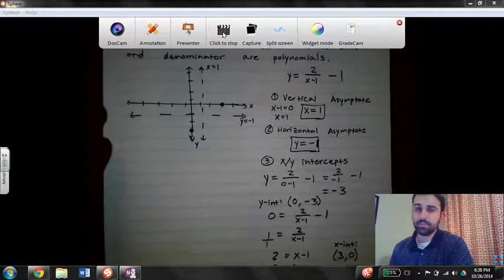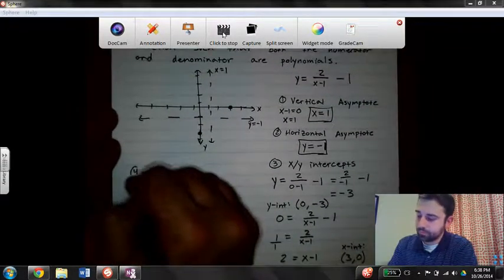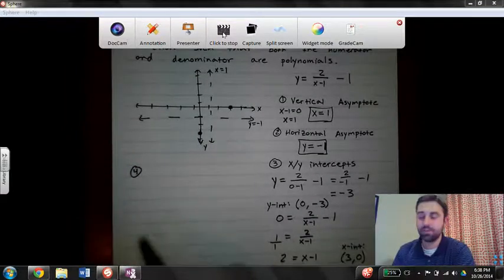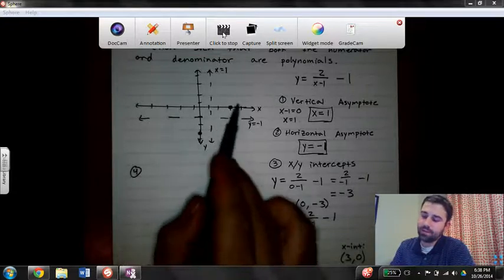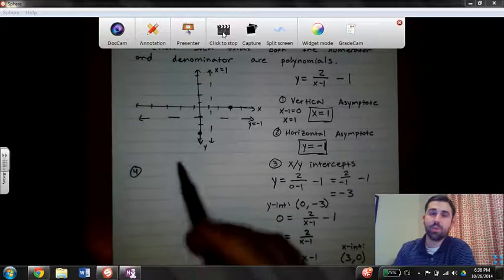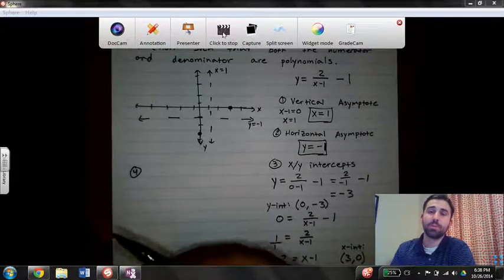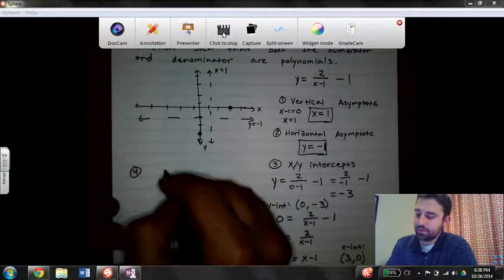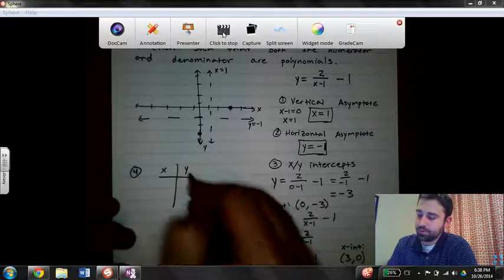Lastly, I want to find values using these different intercepts. So what we know about rational functions is we will have 2 what's called branches. And so I want to use these intercepts to create a table of values.